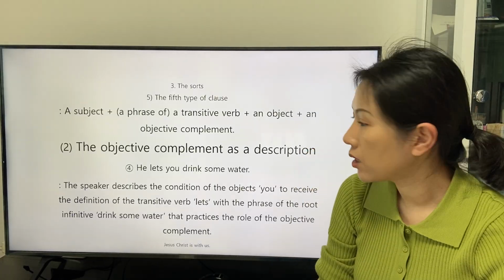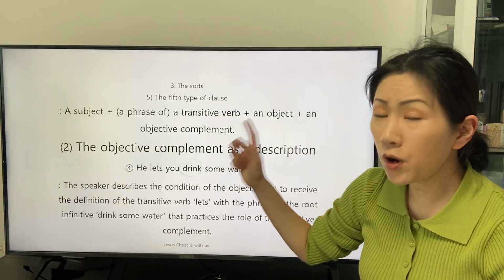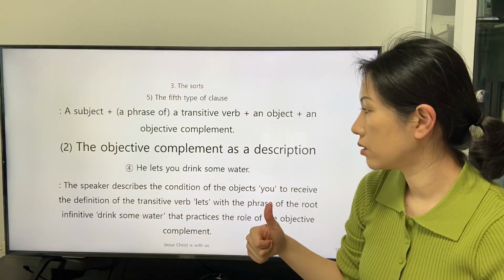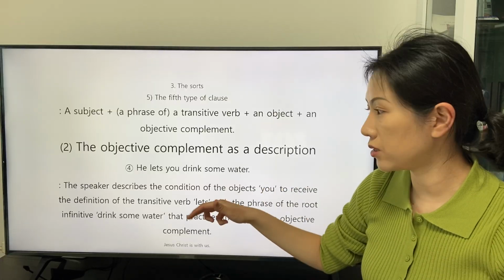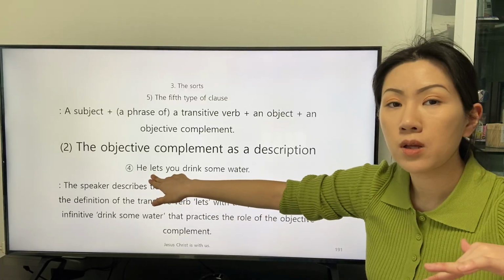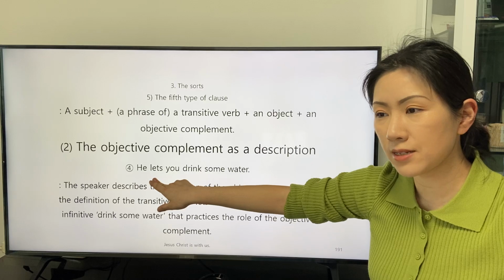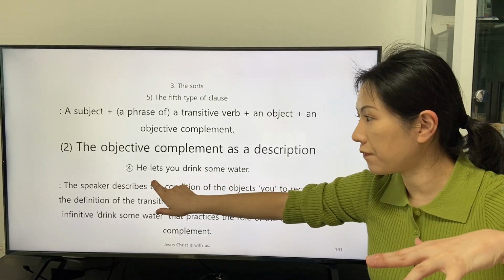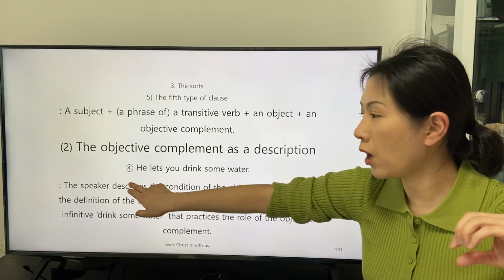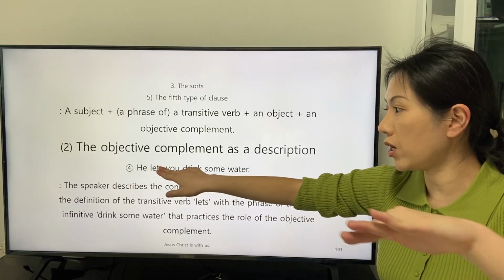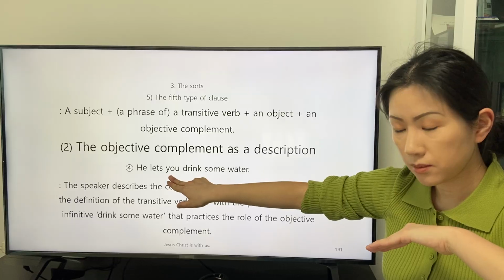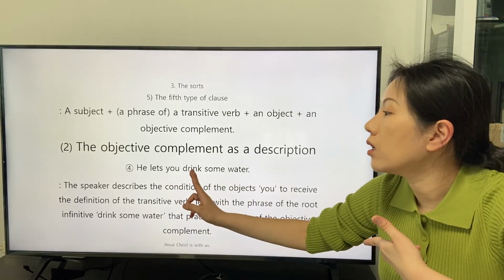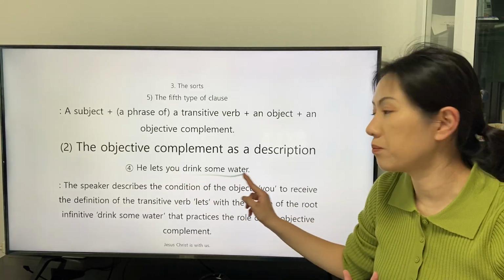In summary, the form of the root infinitive is good to be applied with a causative verb because the causative verb intends to deliver the intent of the speaker from the subject to the object to be described by the objective complement.